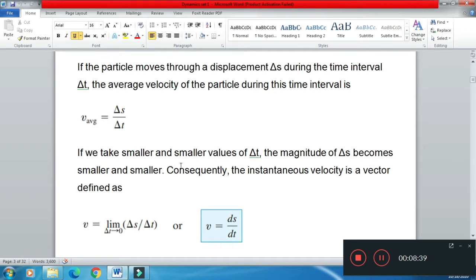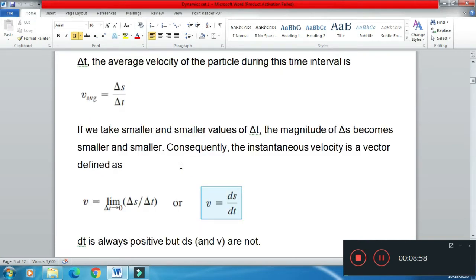Then the next quantity is instantaneous velocity. If the amount of time is close to 0, it approaches 0 or tends to 0, then in that case the velocity will be the instantaneous velocity.